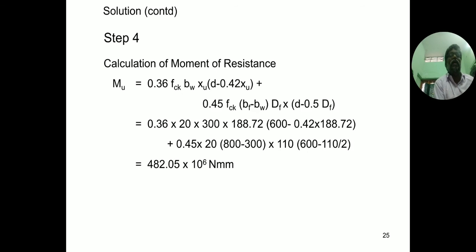Here is the answer: 482.05 into 10 to the power of 6 Newton mm, that is 482 kNm.